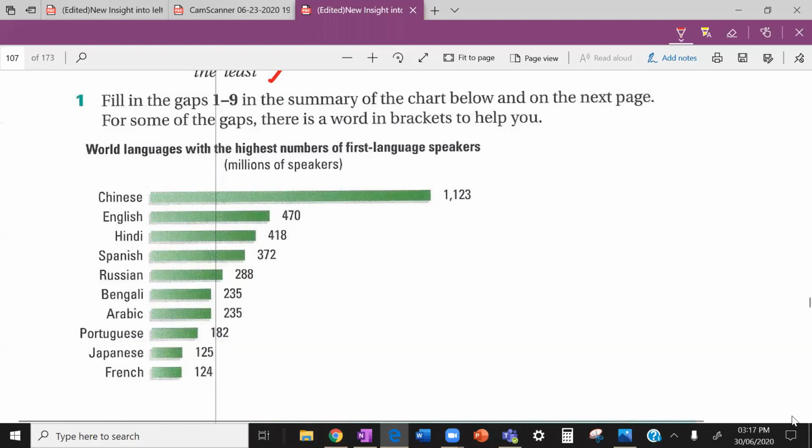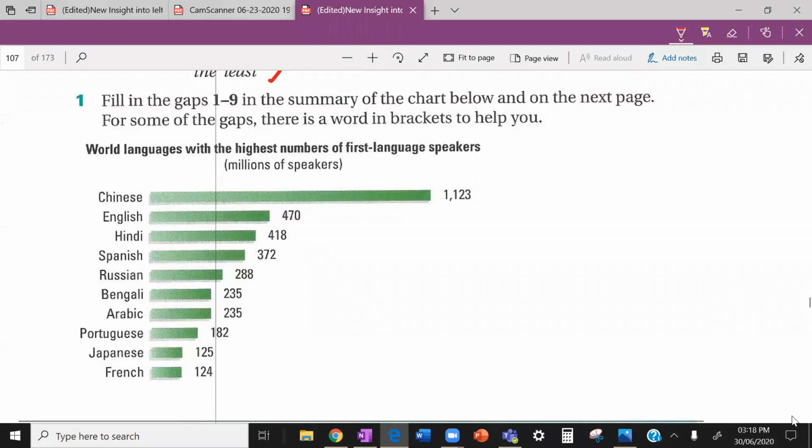You can make 1 or 2 sentences about this bar graph, and then we will move on to some comparisons. Basically today we are going to make some comparisons. So can you just look at the bar graph and make some comparisons? I told you earlier what is comparative, what is superlative.